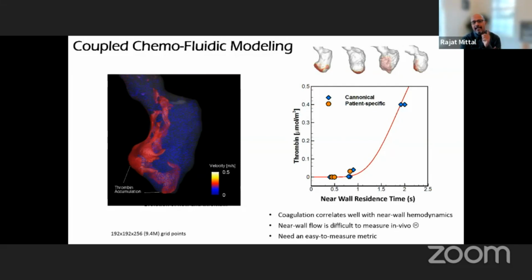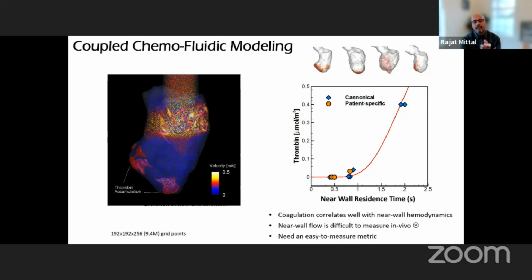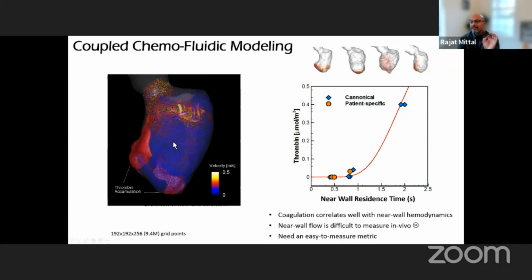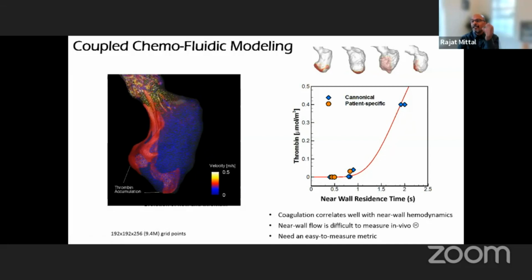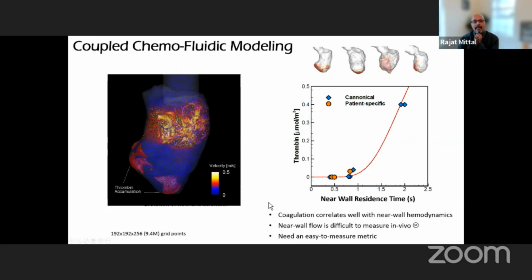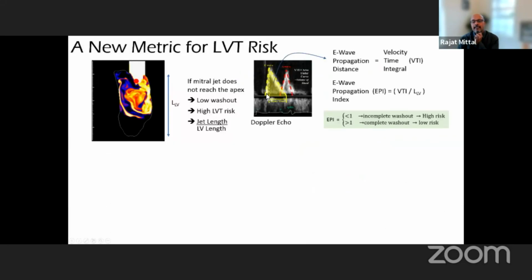The final thing is that validating for a given patient is very tough, because you only have a limited amount of information about the flow. And I didn't get a chance to show this, but you see this echocardiographic data here.